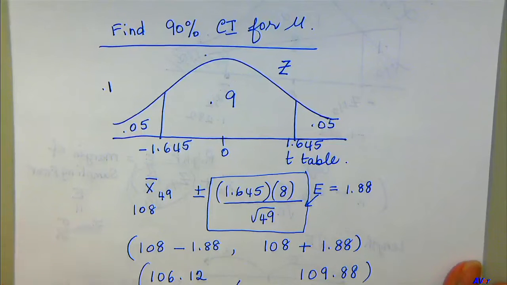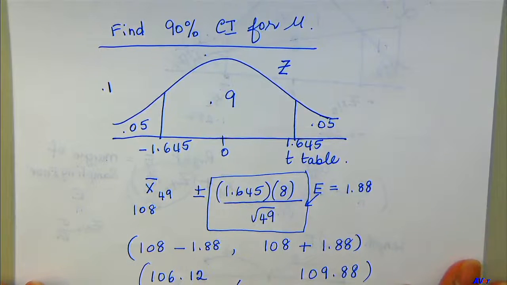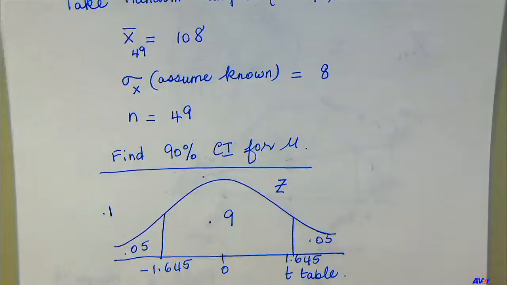I would like more confidence. I would like to find the 95% confidence interval next. The problem is when my confidence level goes up, unfortunately, my interval gets wider. So there's a trade-off.